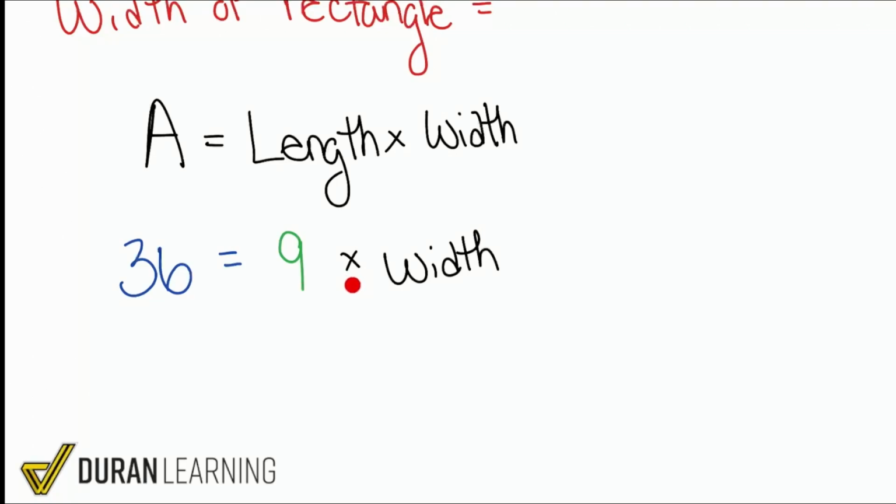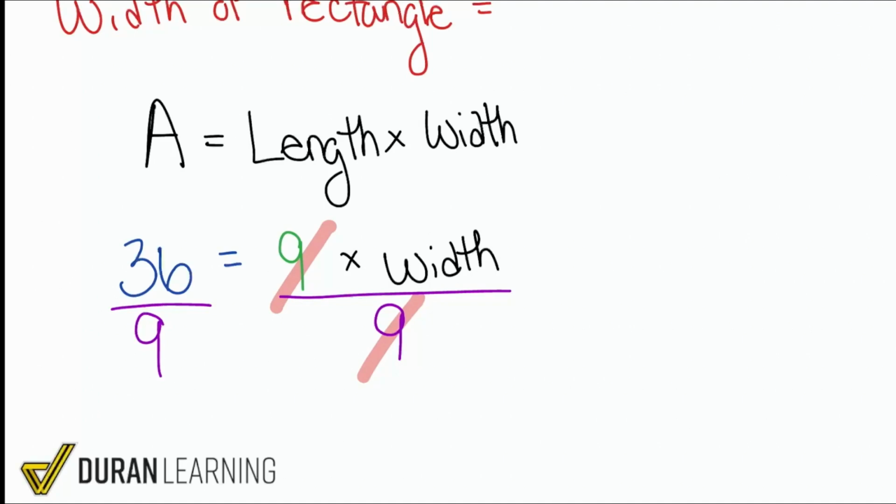Now to get rid of that 9 that's being multiplied, we will divide. That's where the division comes in, because we observe what's currently happening and do the opposite operation. And once we do that, nice and easy, that 9 is out the door.